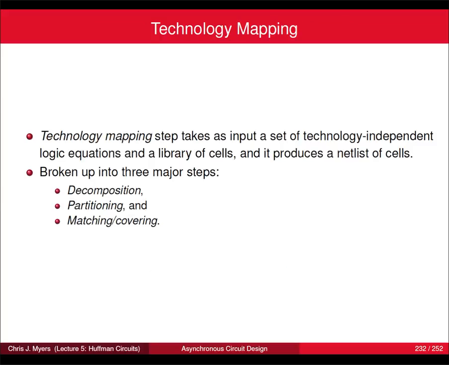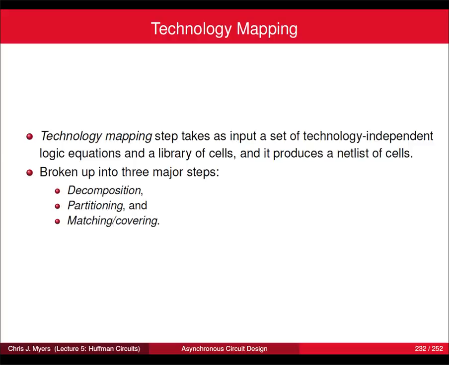Technology mapping is a step where you take your technology-independent logic equation and you map it to a library of cells in a gate library to produce a netlist of cells, right? So ultimately, you have a library of gates and you want to select the selection of gates that will give you a minimum area or minimum delay for your logic function, okay?